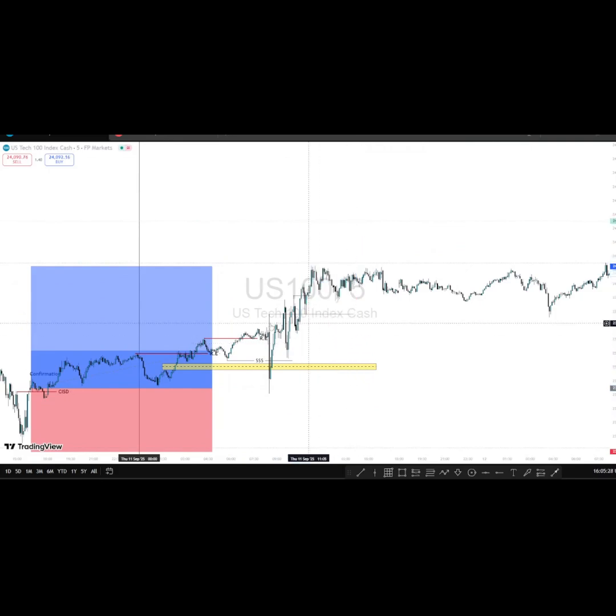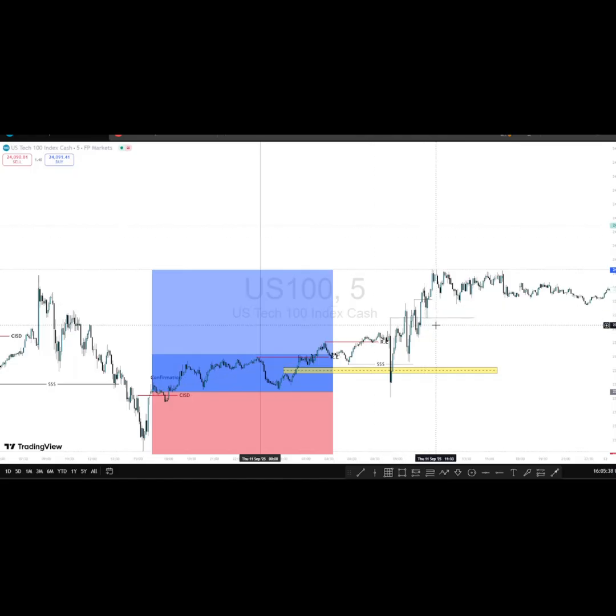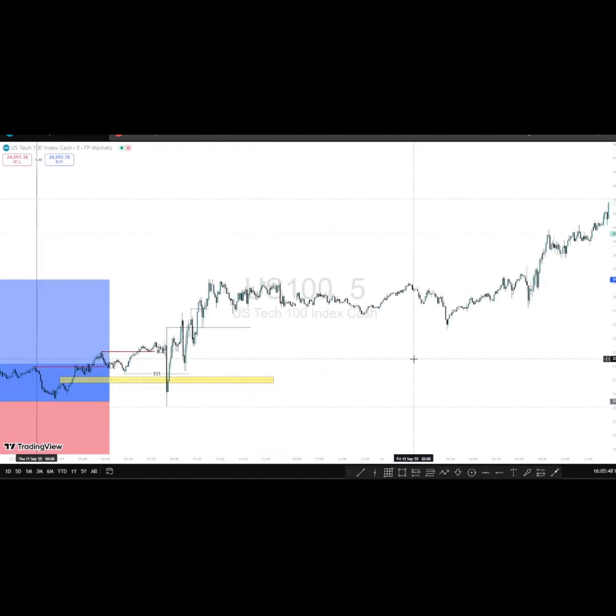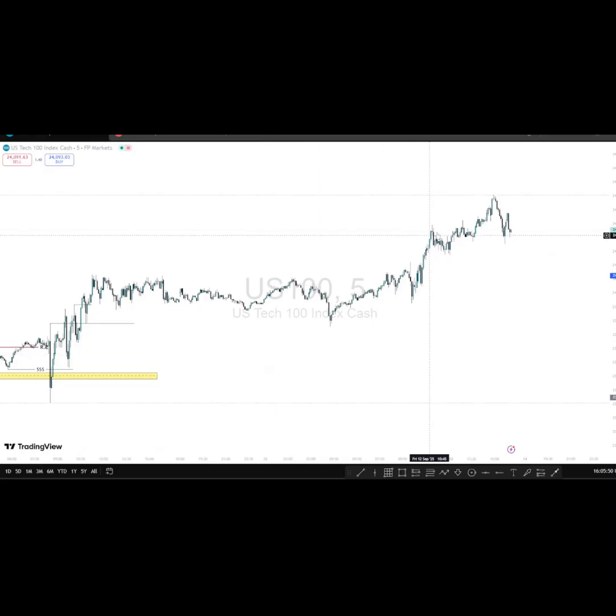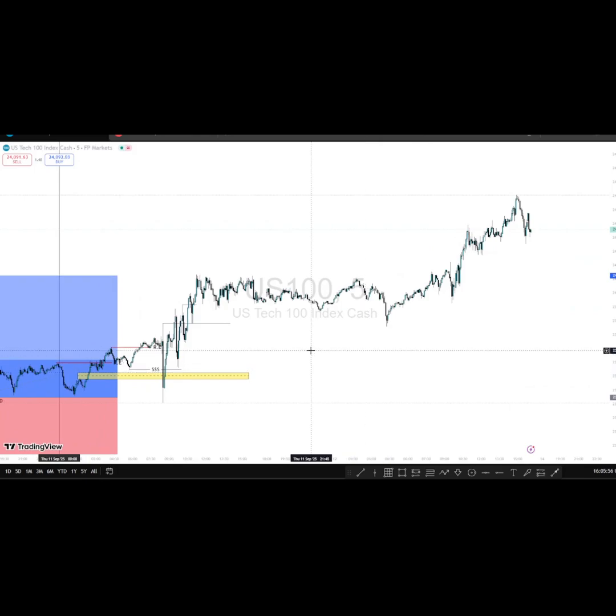If you actually missed this entry from the Wednesday, I don't think I would have taken it on Thursday, because that risk to reward ratio does not make sense. If you take it right here while targeting here and your stop loss right here, it wouldn't have made sense for me. So I would have left it, although you can see that it would have played out very well, but that is for swing traders.